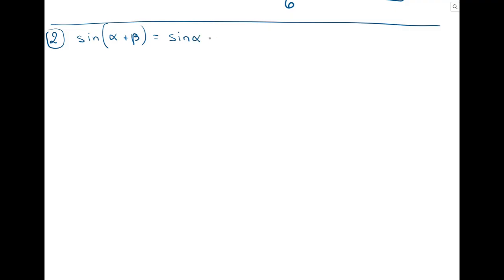So it's sine of the first angle times cosine of the second angle, and we have a plus here, so with sine we don't change anything, right? So it stays plus. It's going to be cosine of first angle times sine of second angle. Okay, that's just the formula.